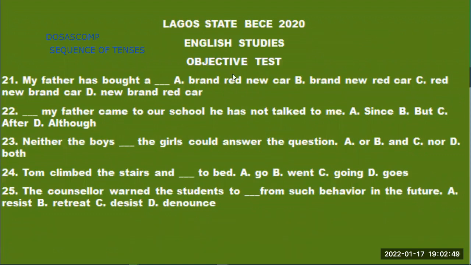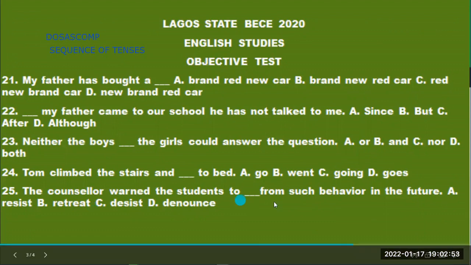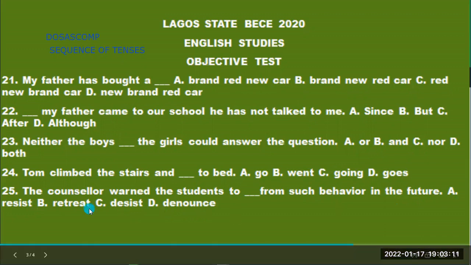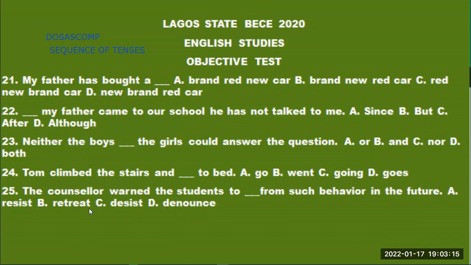Now, question number 25. The counselor wants the students to desist from such behavior in the future. Here is a test of collocation. All right? Option A, resist, does not apply. The counselor wants the students to resist from, does it sound correct? No. Option B, retreat, does not also sound correct. The counselor wants the students to retreat from such behavior. From a behavior?